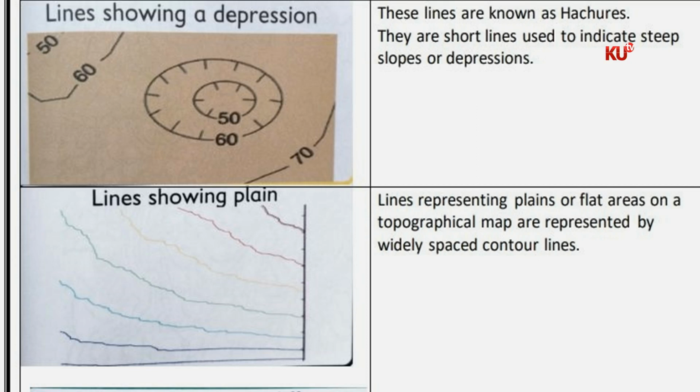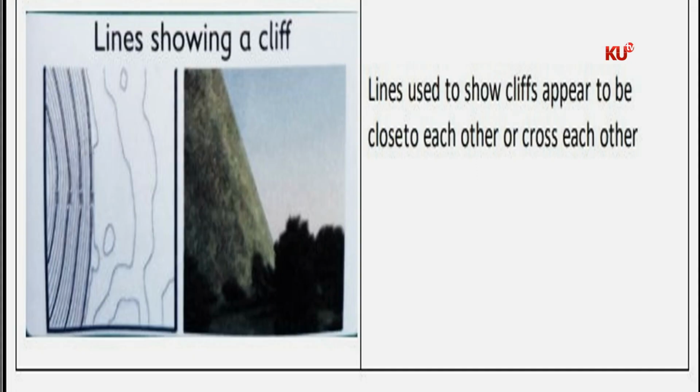They cross each other, or they are closely together. So those are the differences when we want to represent hills, ridge, depression, plains, or cliff.